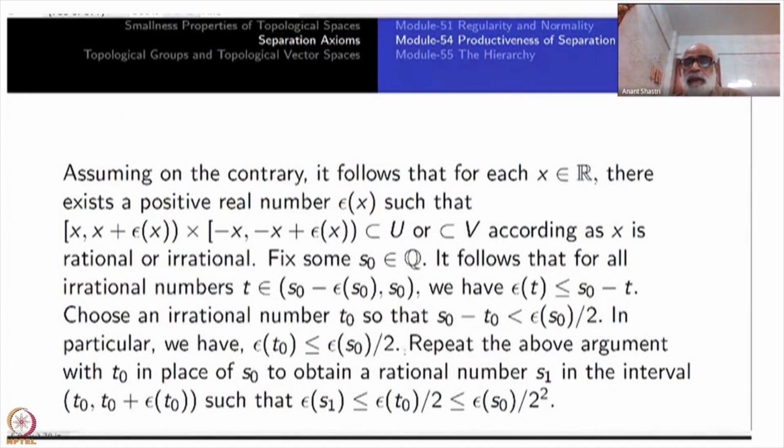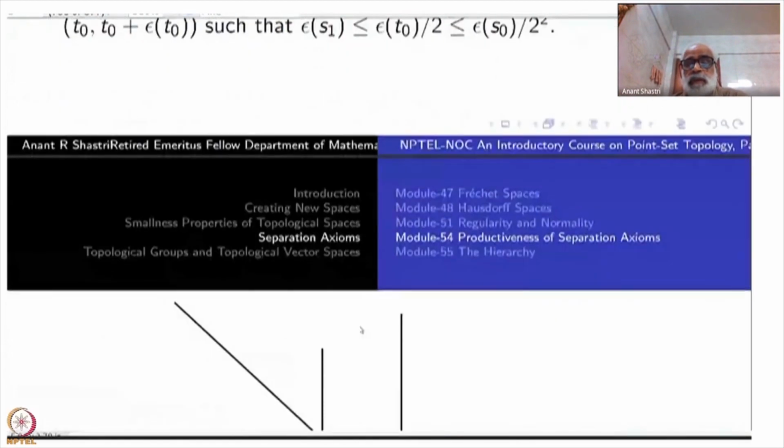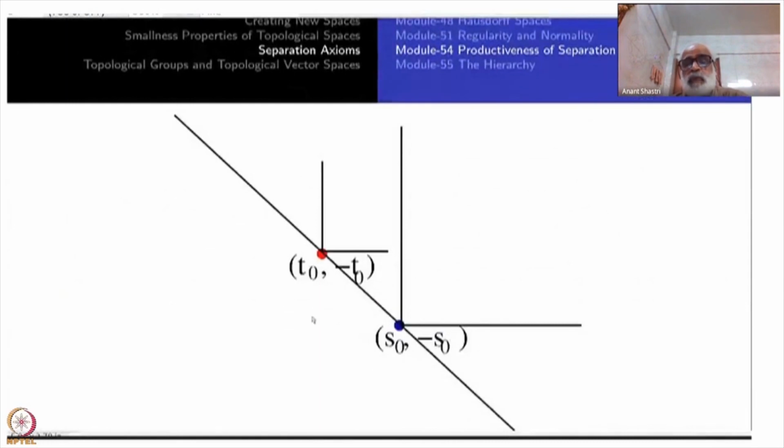Repeat it. So what do you get? You get a sequence. I'll show you what happens in the first stage. Starting with a rational number here, it has some epsilon S naught here, epsilon S naught here. And T naught is just a little smaller, on this side.